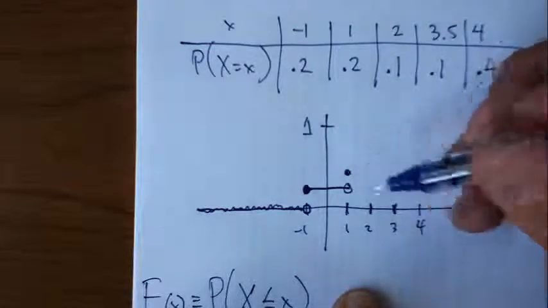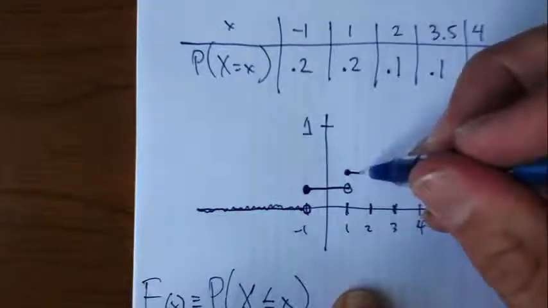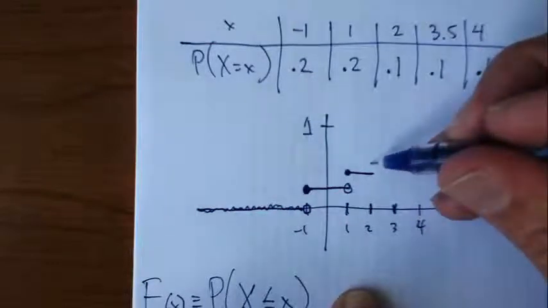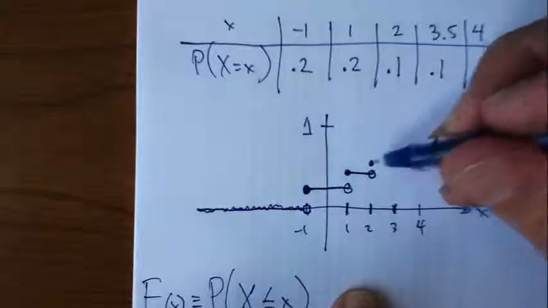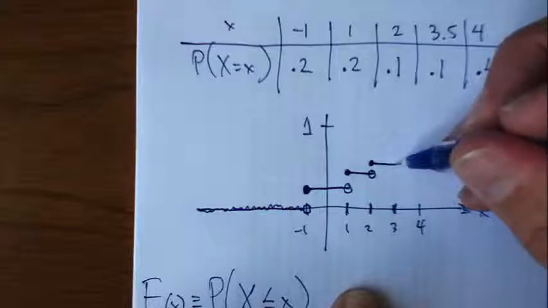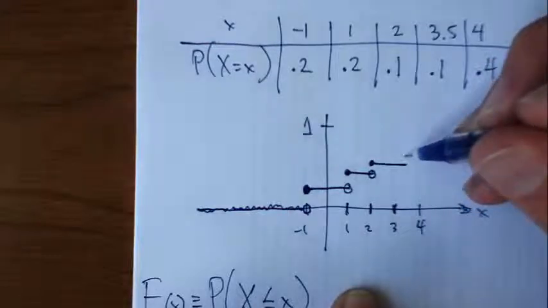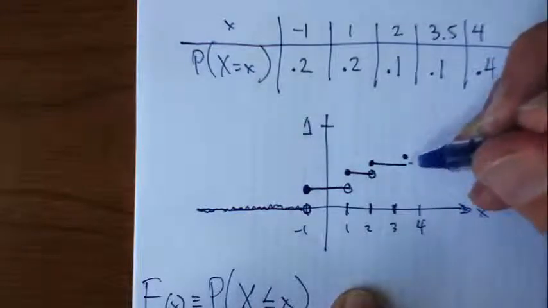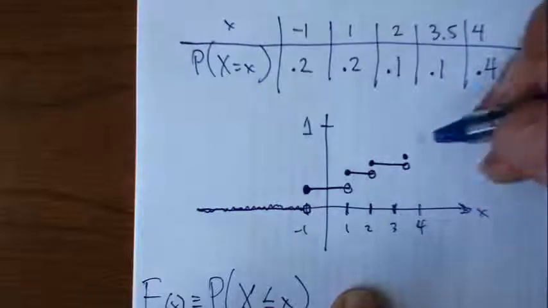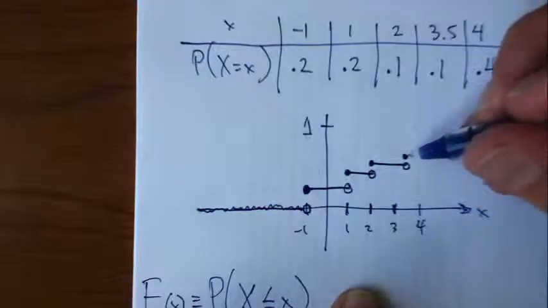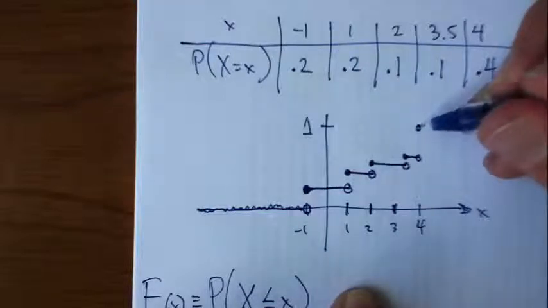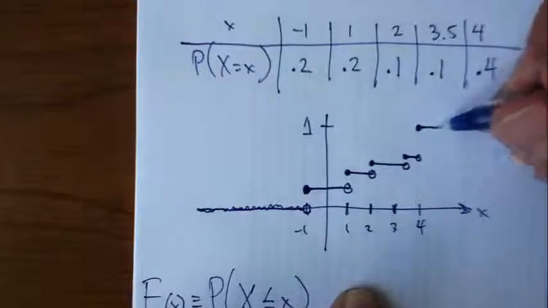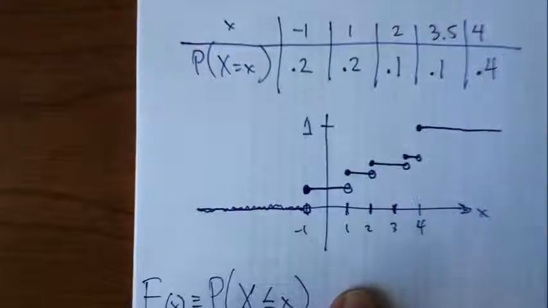And then when we hit 2, we go up by 10%. Then at 3.5, up another 10%. And then when we get to 4, we jump up the remaining 40%.